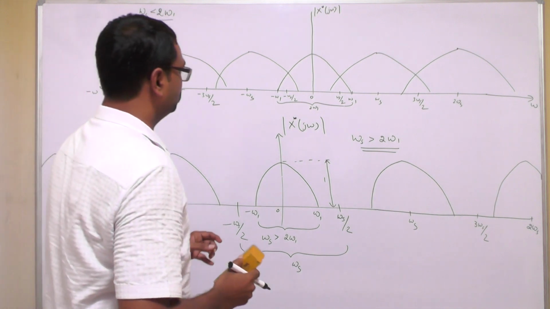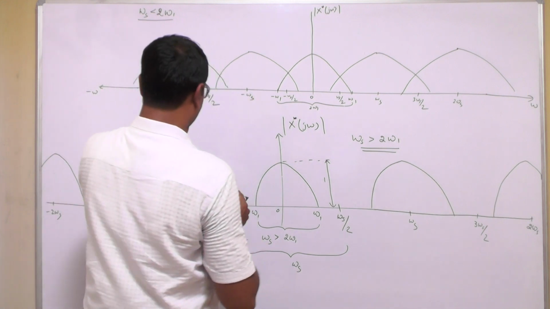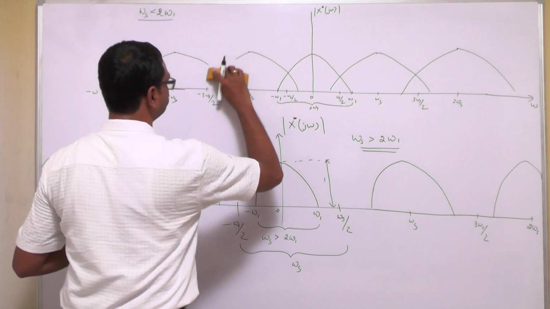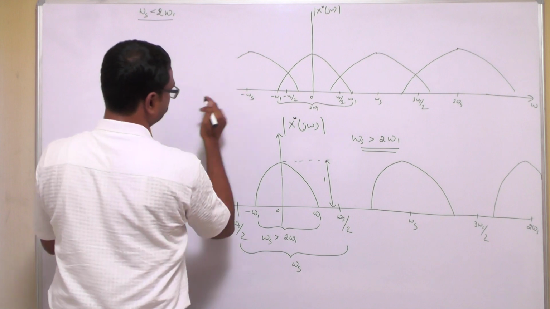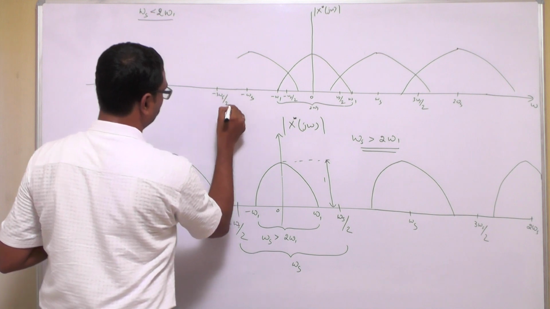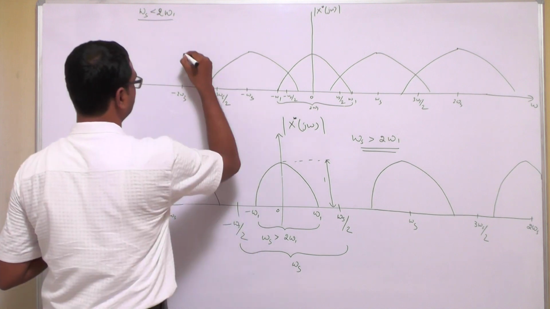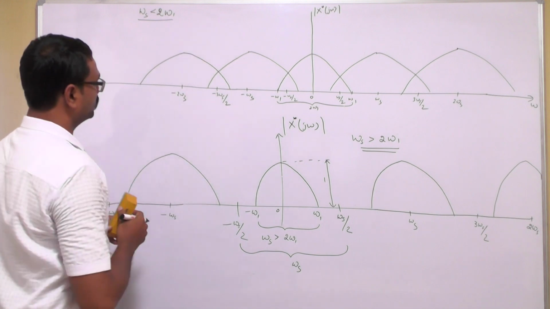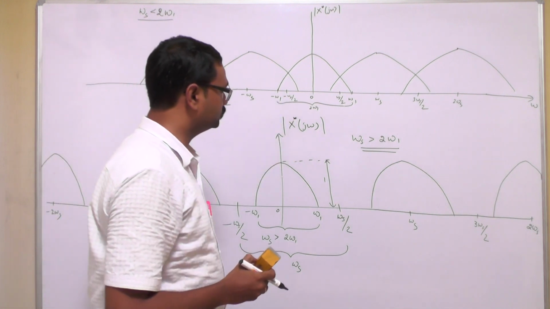Therefore there is this overlap between these two functions. There is this graph here and this graph here. That is, you have minus 2ωs, minus 3ωs/2, minus ωs, minus ωs/2.